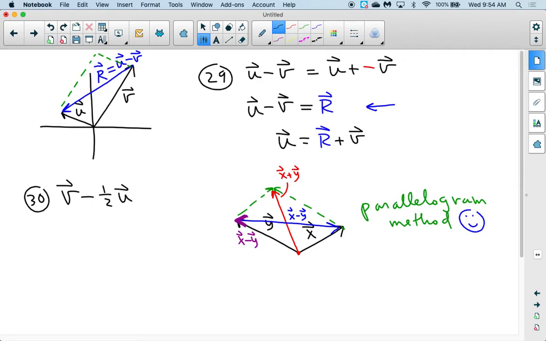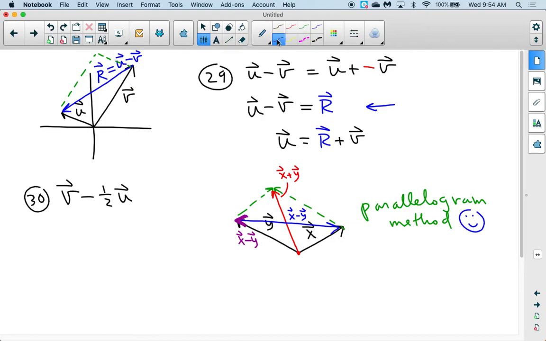Well, again, you're going to start at the end of half u and come back to v. All right, if you again just review how we did u minus v in number 29. But I have to do half u. Okay, so in my picture, maybe this will help again.